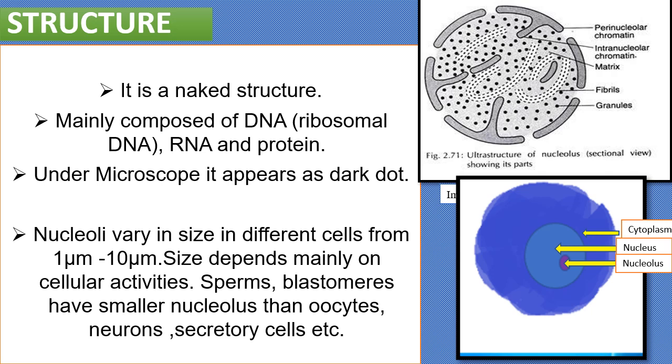Those cells which have more biosynthetic activities have larger nucleolus than those cells which have less biosynthetic activities. For example, sperms and blastomeres have smaller nucleolus, and oocytes, neurons, and different types of secretory cells have larger nucleolus.